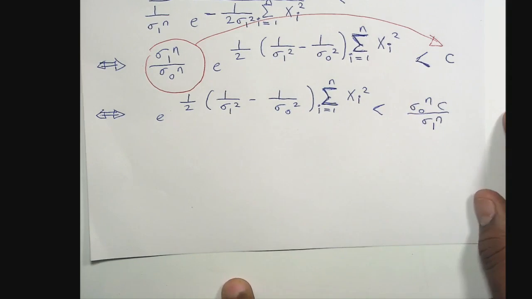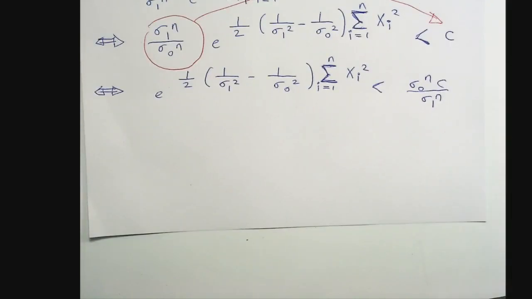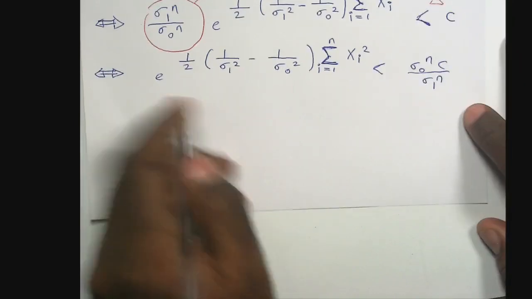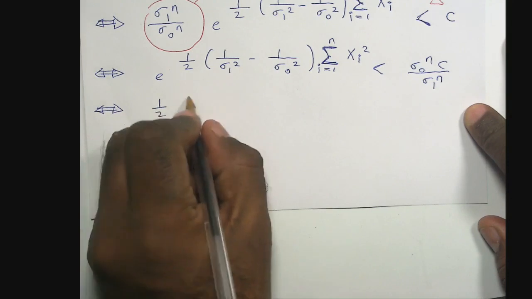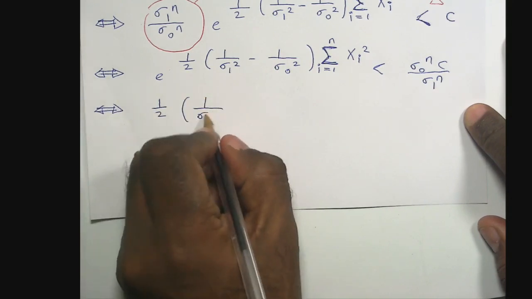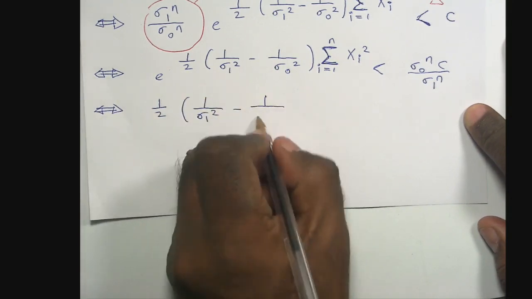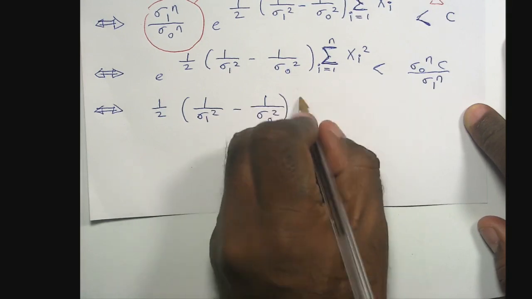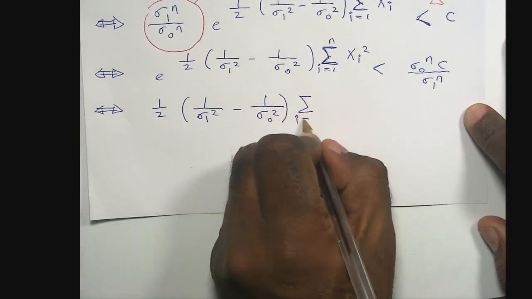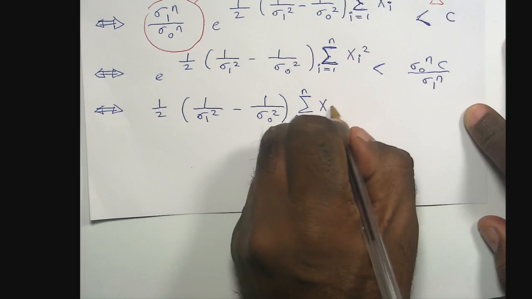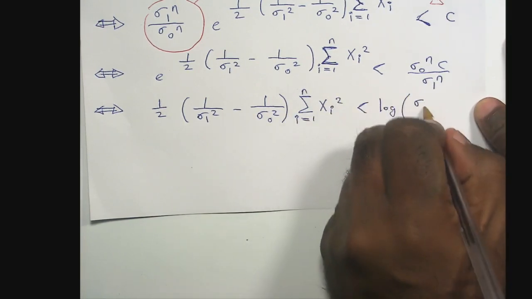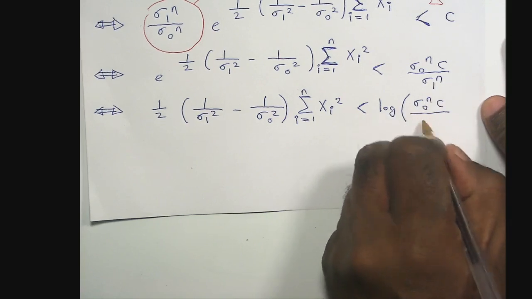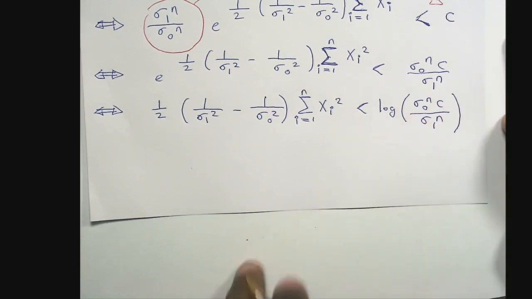okay. And the next step is I'm going to take the log of the left and the log of the right. So you should take the log both sides. This is what you will get.